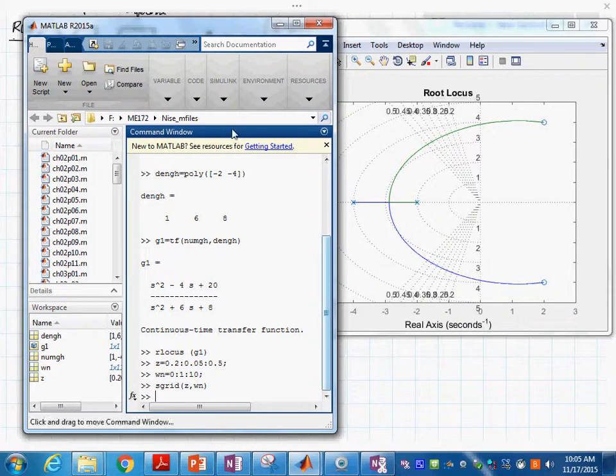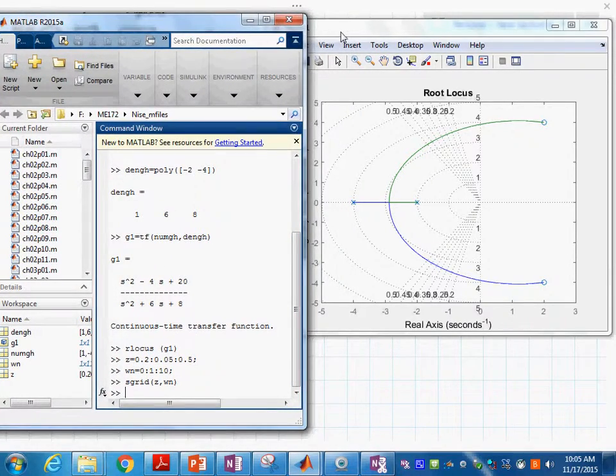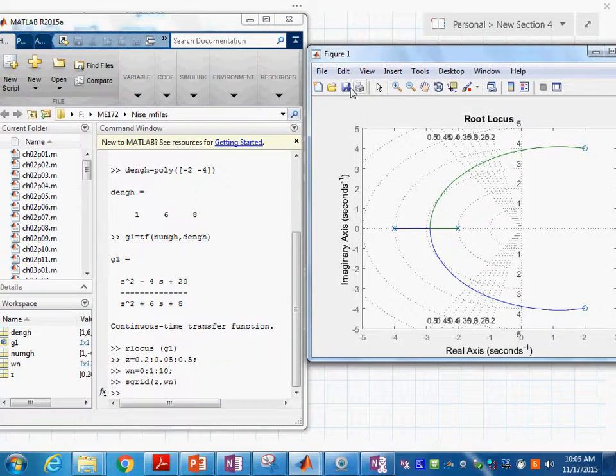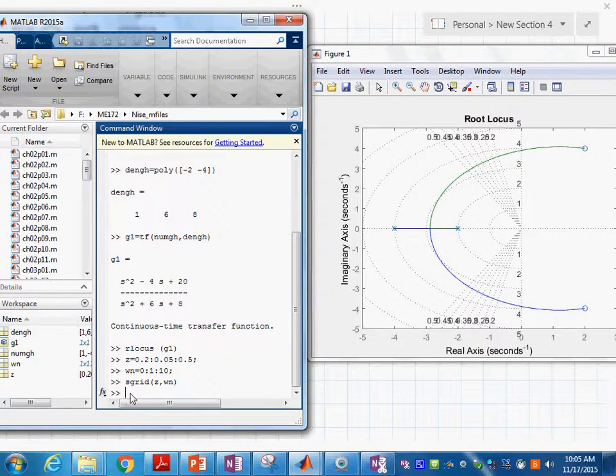Let's see if I can reduce the MATLAB window a little and keep this one over here. This is the command that would allow us to do an examination, you may say, of the values of k and look at the variations.